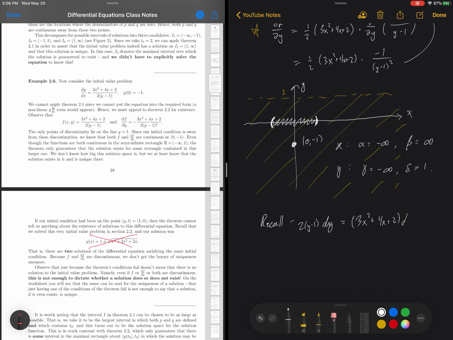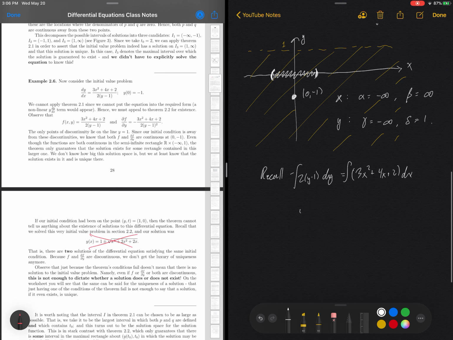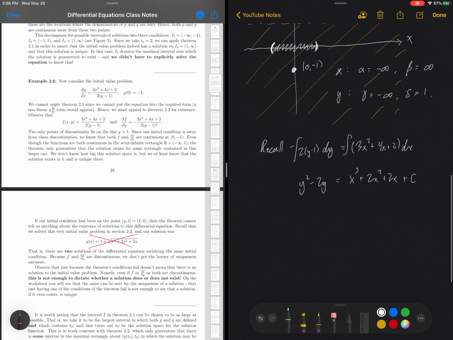So separate variables. This will be dy, and then I'll get 2y minus 1, and that was 3x squared plus 4x plus 2, integrating dx. Recall, and then there we go, y squared minus 2y is equal to x cubed plus 2x squared plus 2x plus c.